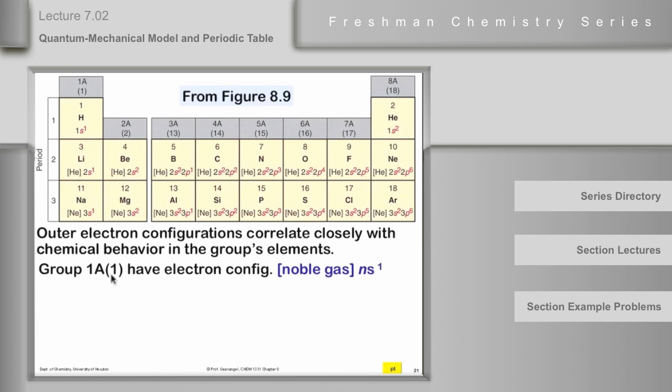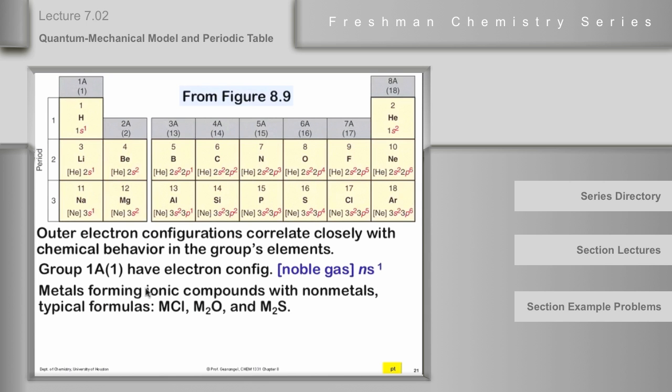The group 1A elements have outer electron configuration of noble gas ns1, where n is some integer. And as such, the attainment of a noble gas electron configuration, noble gas electron configurations being among the most stable, involves the loss of one electron.